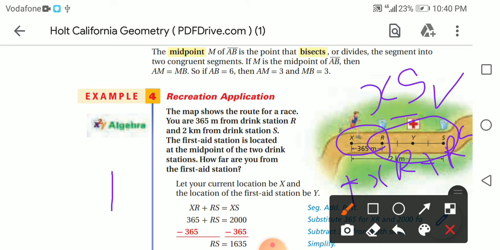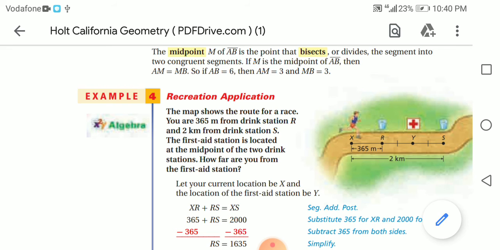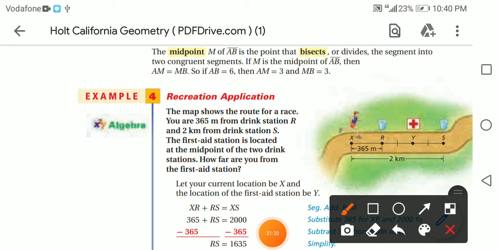I have XR equals 365, and I don't know RS, but I do know XS. So it will be very easy. XS equals 2 kilometers.